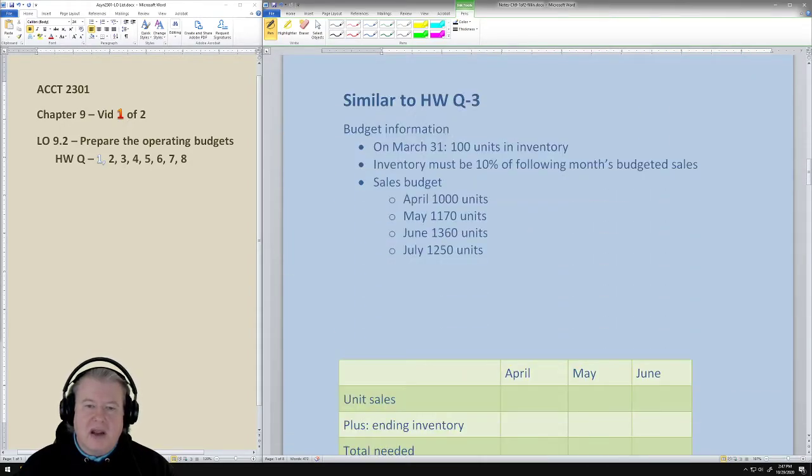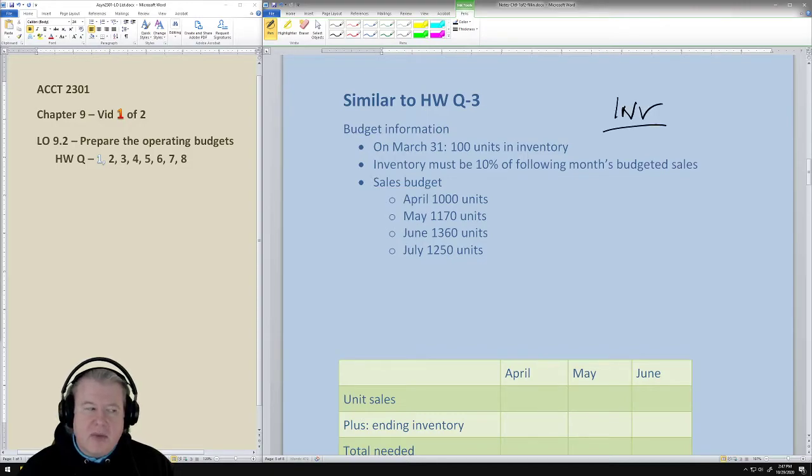So number 3, here we're going to be going into the production budget. And as I mentioned, this is one of the ones that requires an inventory calculation.